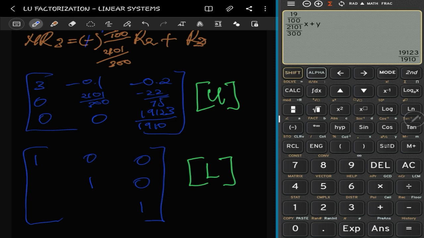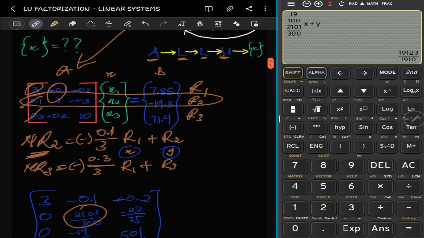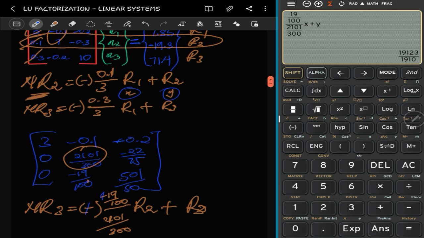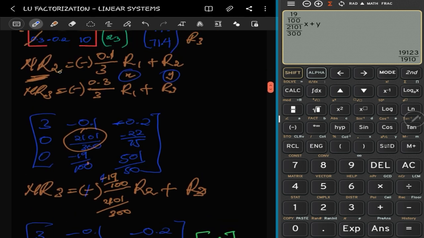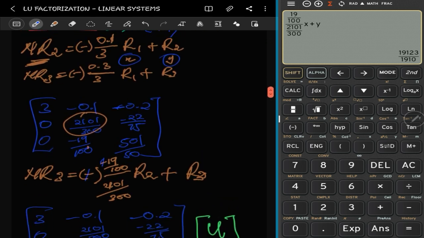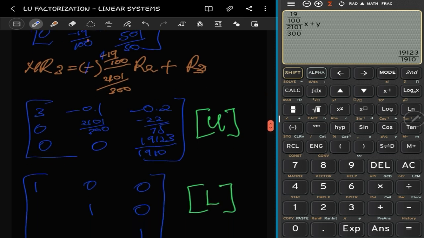And what happens with the rest is we take the factors from the transformation that we did to get the upper triangle. The first transformation that we did, this is R2. We have only one R2 missing here, so that will be here.